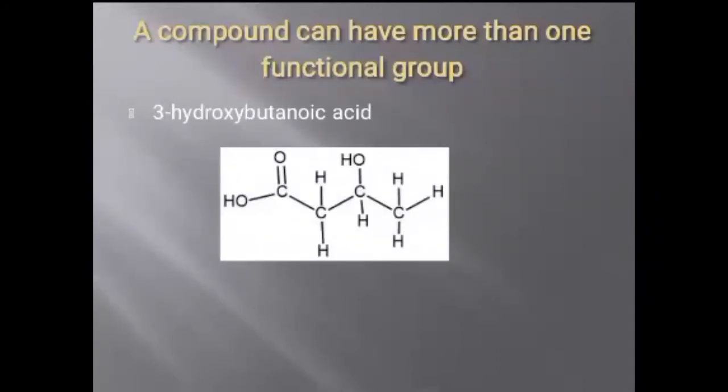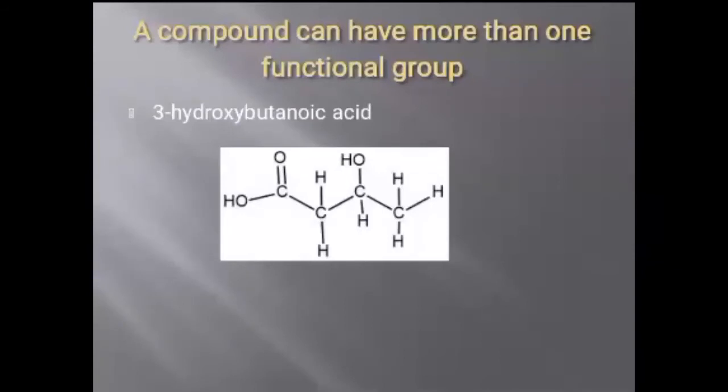Now, because a functional group, like I said, identifies the family of a compound, anywhere you see a functional group you must indicate the family that compound belongs to, even if it has more than one functional group, like in this case. So the name is telling us that this compound has two functional groups attached to it.